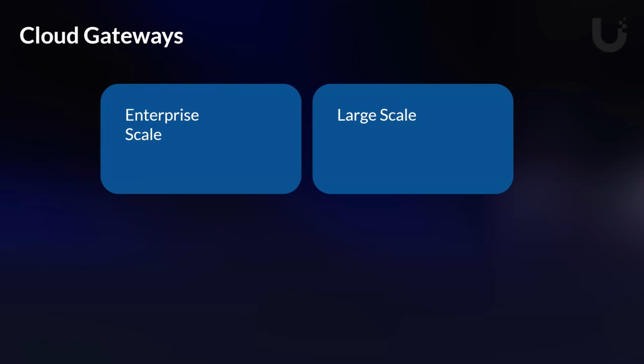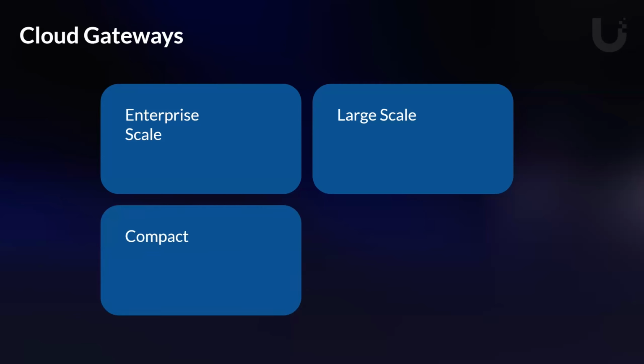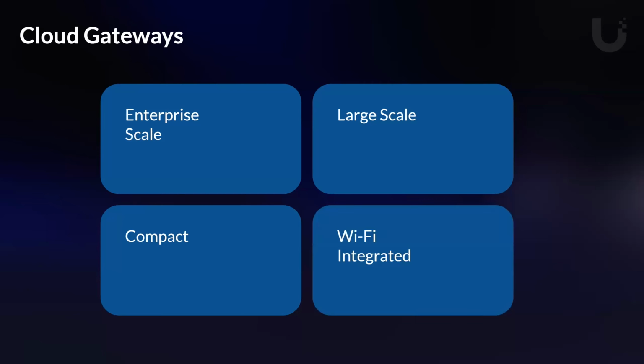It's not a huge increase in price, but that's what I would recommend for most small enterprise deployments, or deployments where you need to use maybe a handful of cameras, that sort of thing. The UDM Pro Max or large scales will really do well in that setting. Compact is for those cases where someone doesn't have a rack to mount something on. Small businesses, cafes, a lot of times they'll want a compact, or sometimes they'll also want a Wi-Fi integrated gateway.